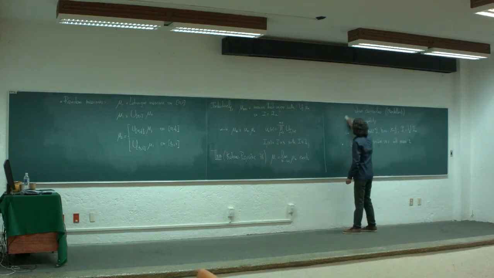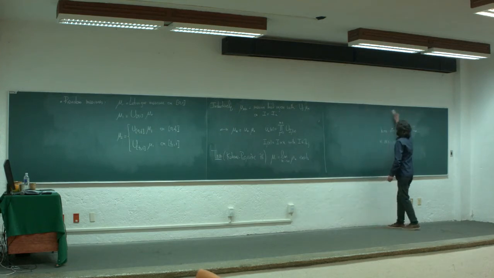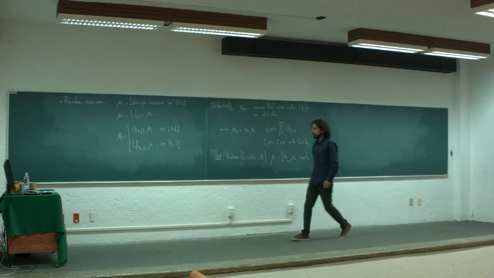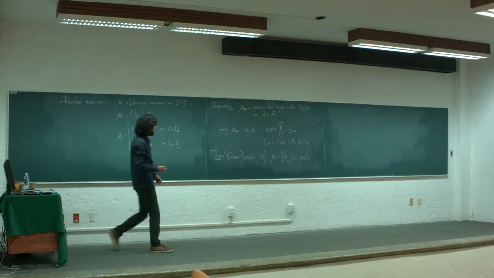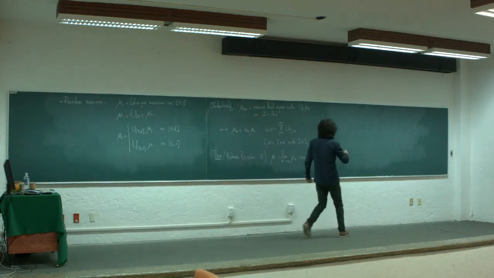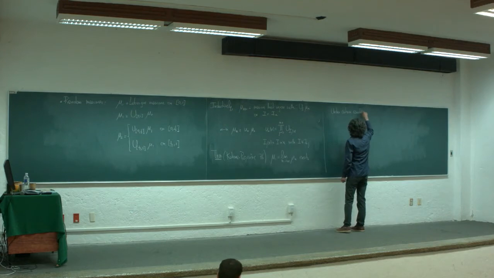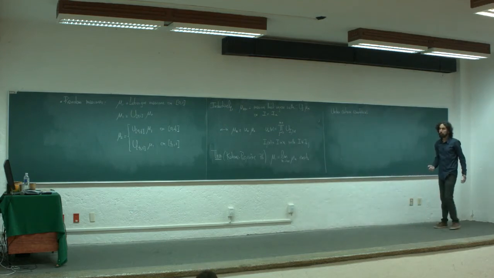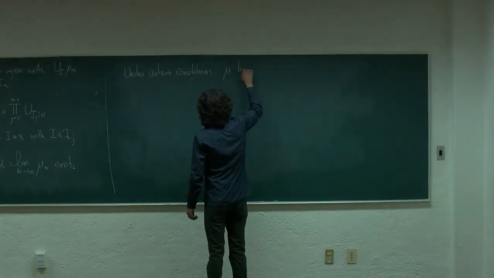So let me briefly describe other things you can do with that. Under certain conditions, which in the language of directed polymers would be some weak disorder condition, you can show that mu has no atoms.